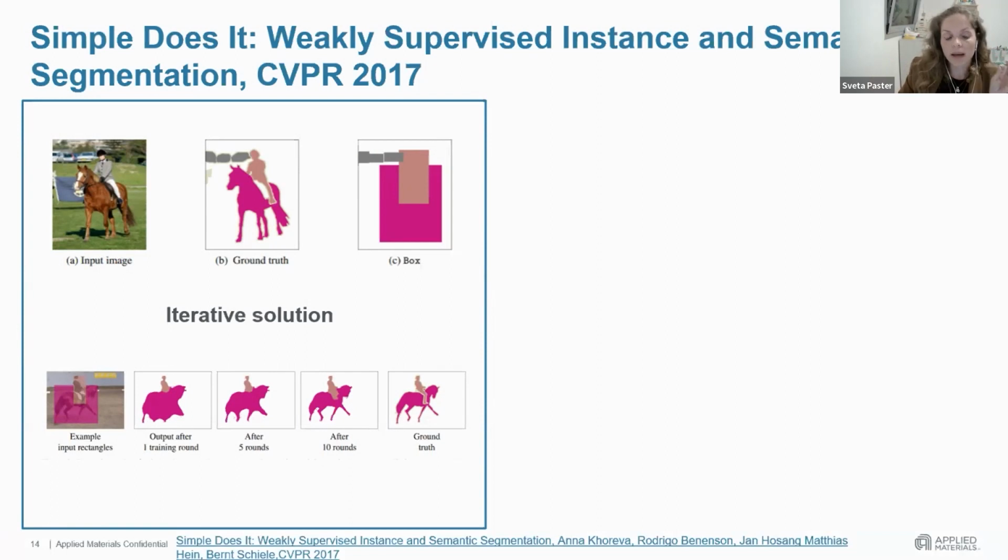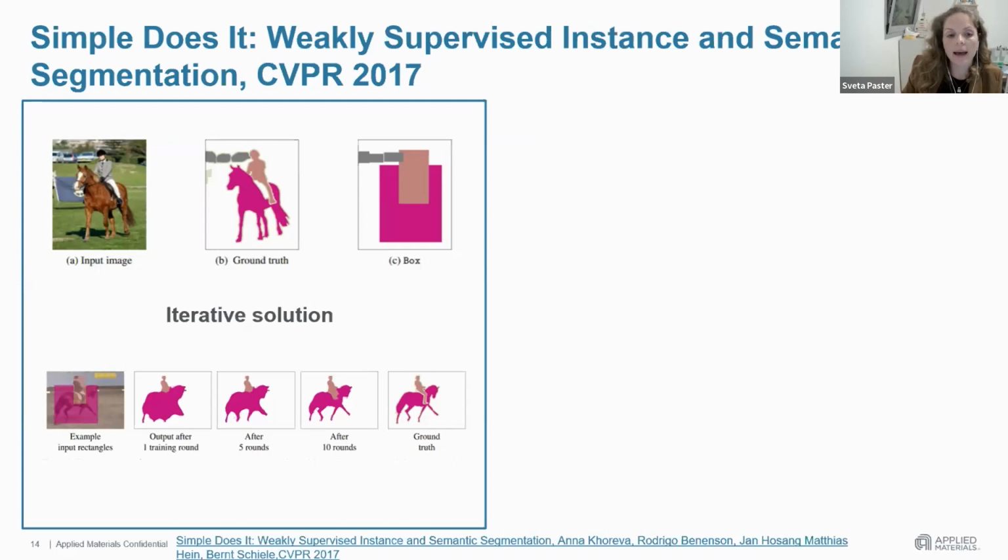But this solution is an iterative solution, and I will elaborate about it. Let's start from the input image. This is the ground truth, and this is the box, the noisy annotation.